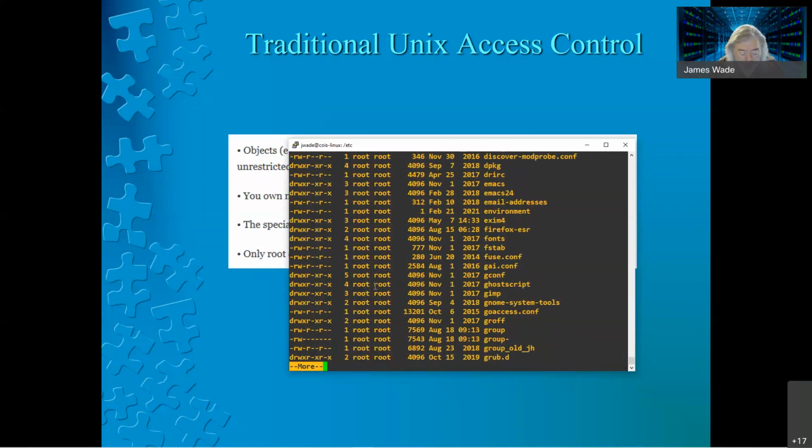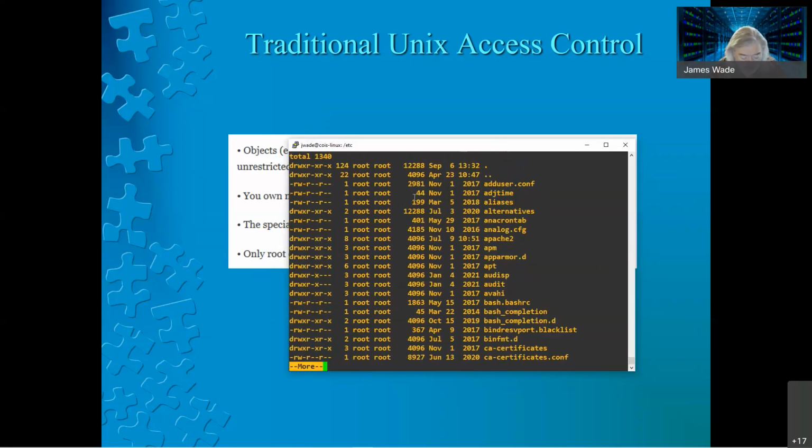They're owned by root. This first one is the owner. Matter of fact, let me do it again, up arrow. If we look at the root, this is the owner right here.